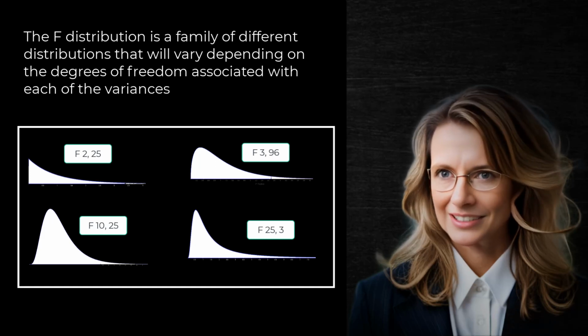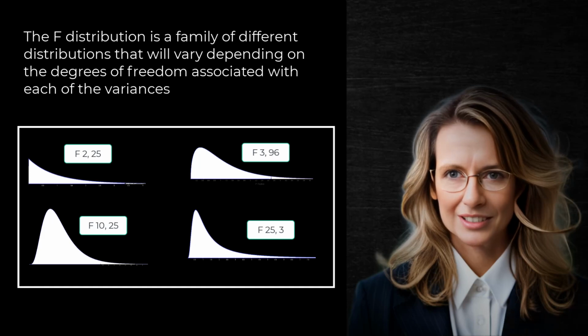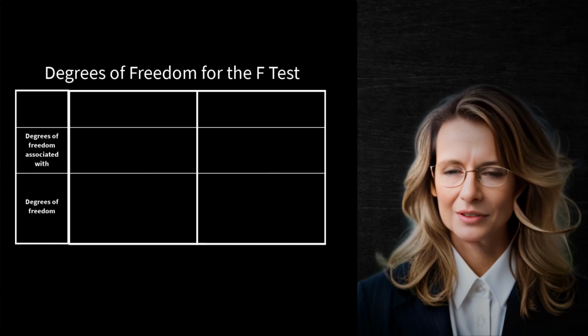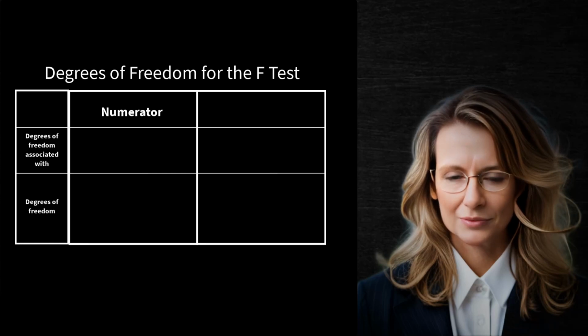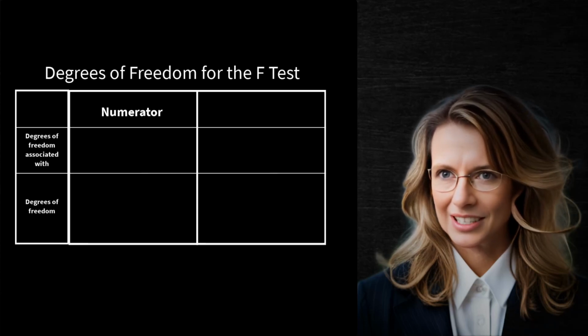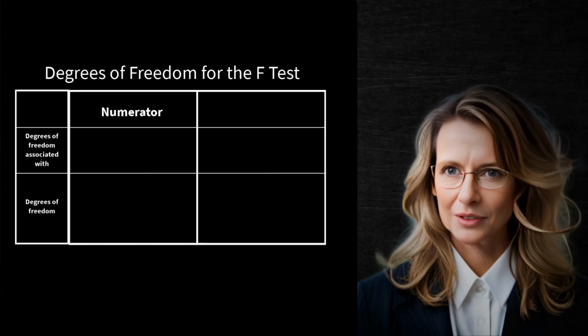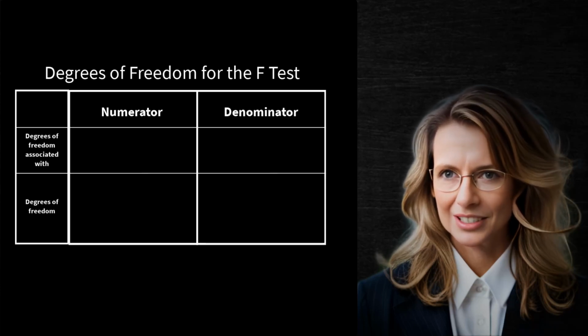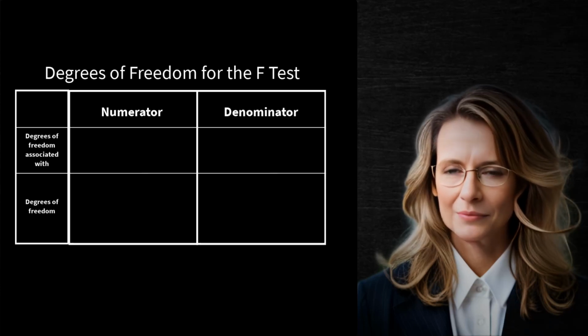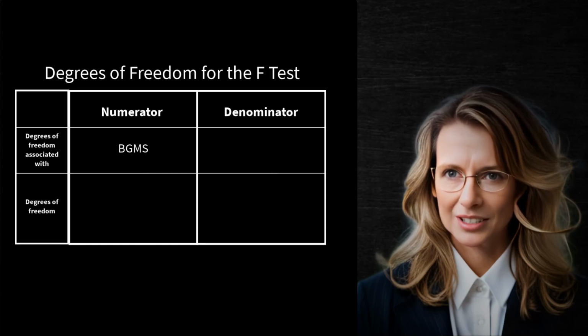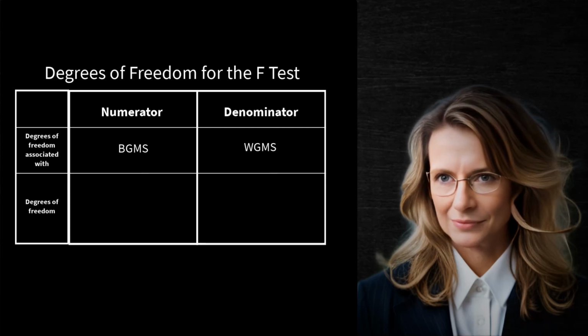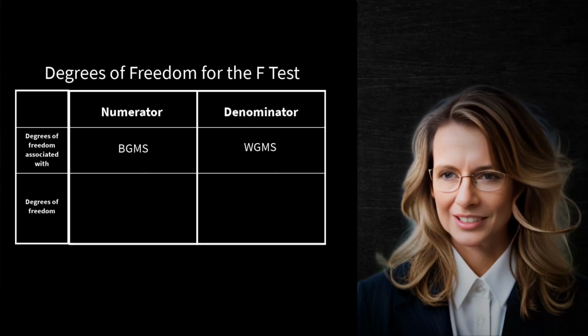Because we are creating a distribution from the ratios of two variances, there will be degrees of freedom associated with the variance used in the numerator of the ratio, and degrees of freedom associated with the variance used in the denominator. In an ANOVA, the degrees of freedom for the F test will be based on the degrees of freedom associated with the between groups mean square, which is used for the numerator of the F ratio, and the within groups mean square, which is used for the denominator.